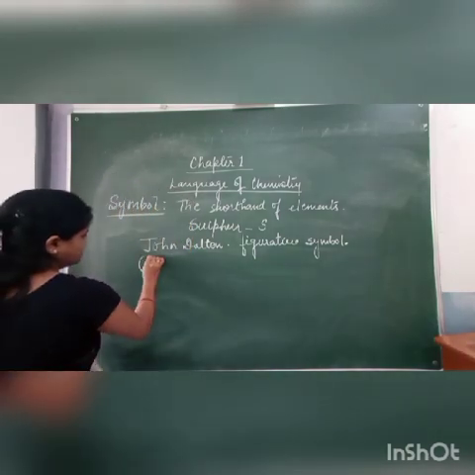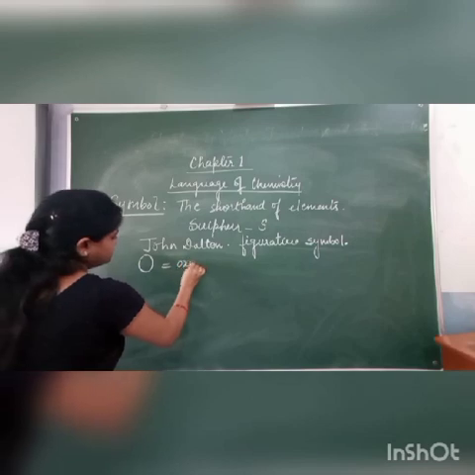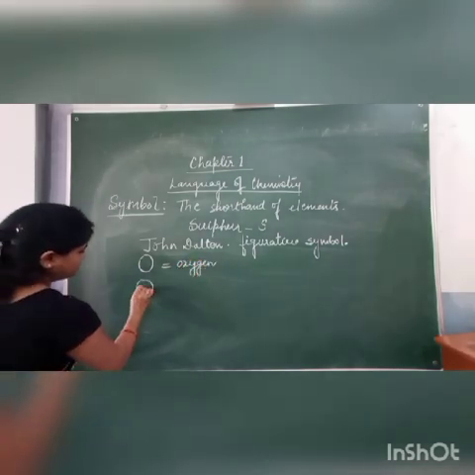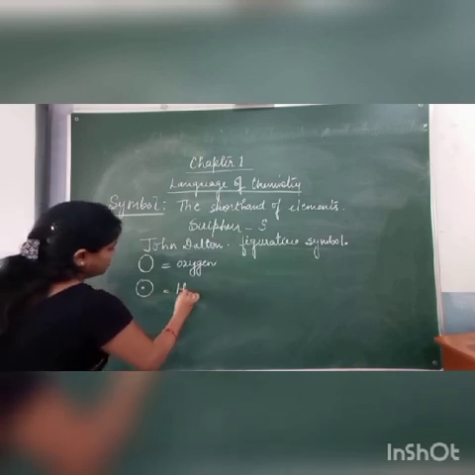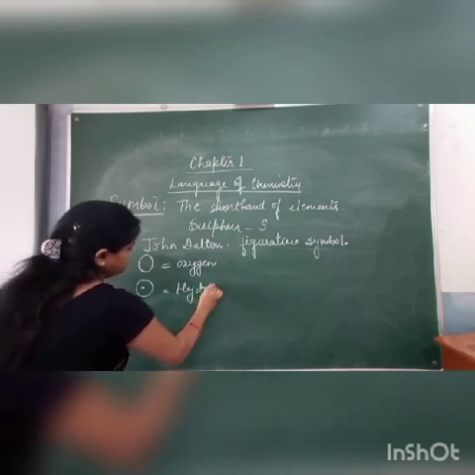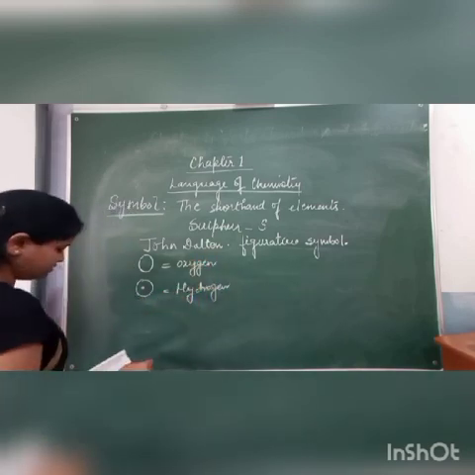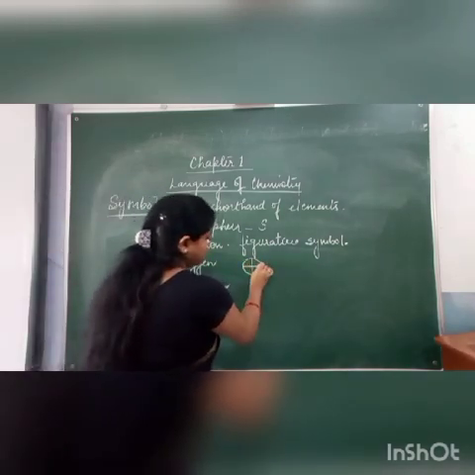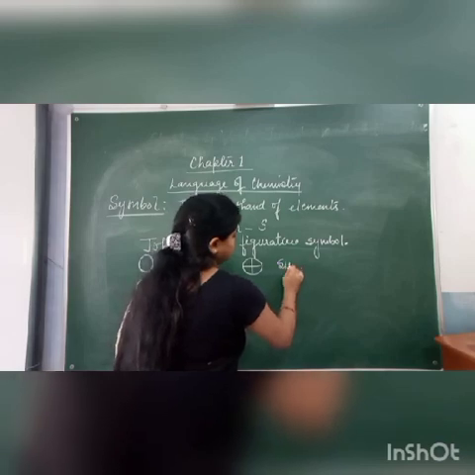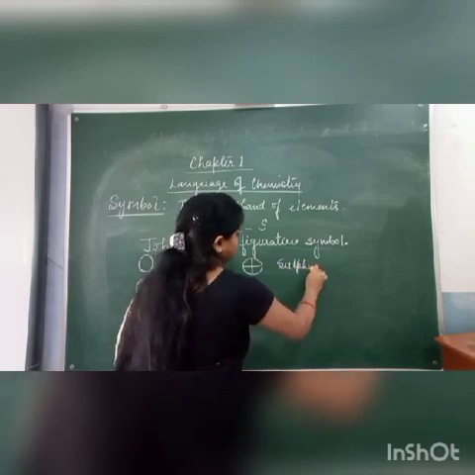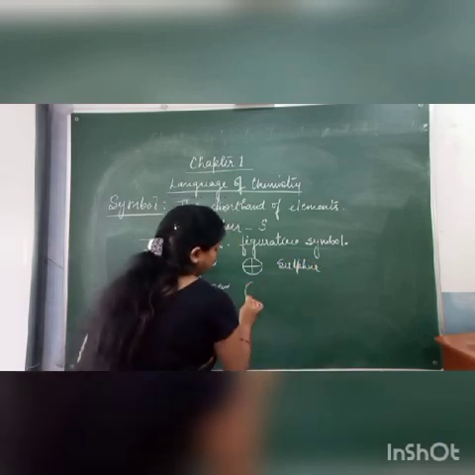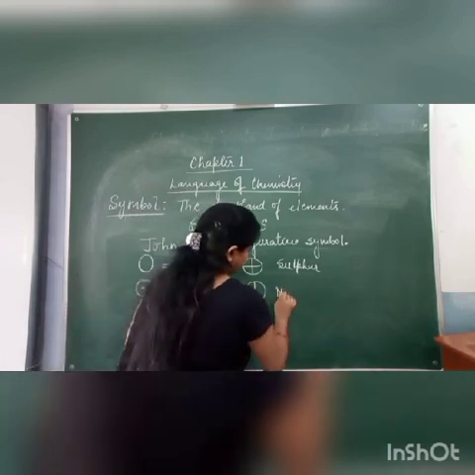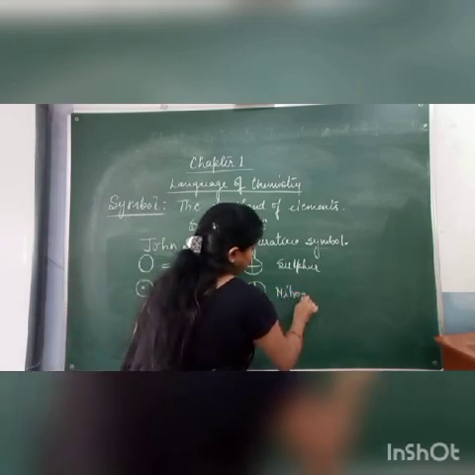He gave a circle for oxygen. He gave a circle with one dot in between for hydrogen. Then he gave a circle with a plus sign in between, that represents sulfur, and a circle with one line, he represents as nitrogen.